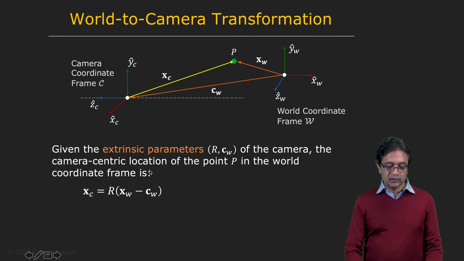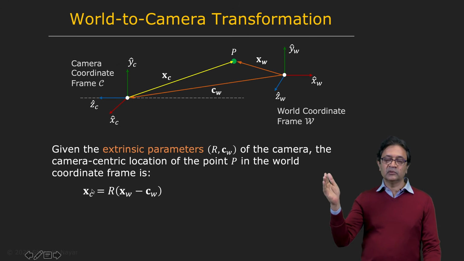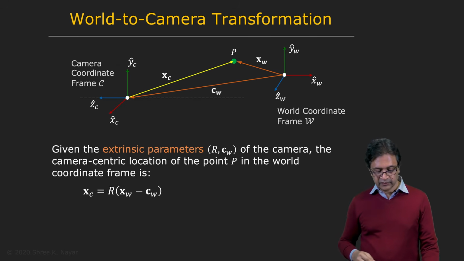And then once you multiply that with the rotation matrix, you have XC in the camera coordinate frame. So you have now mapped P from the world coordinate frame to the camera coordinate frame.